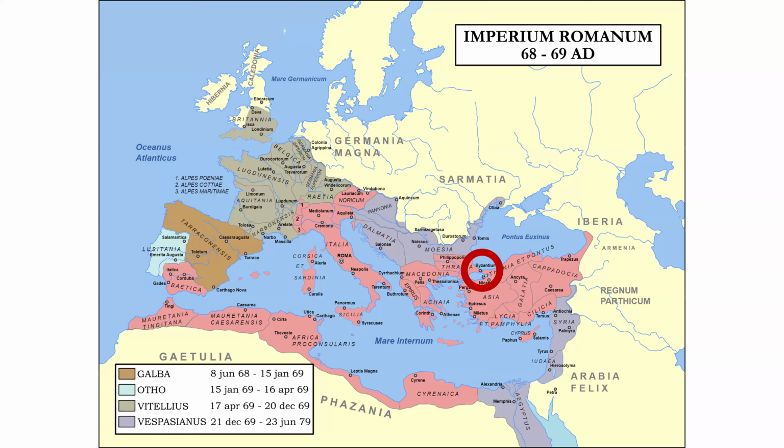This map shows you the extent of the Roman Empire about at the time of the Apostle Paul, 68 to 69 AD. I've circled Byzantium on the map so that you can see where it is. When the Apostle Paul was carrying out his ministry, the Mediterranean was the Roman Mare Nostrum.